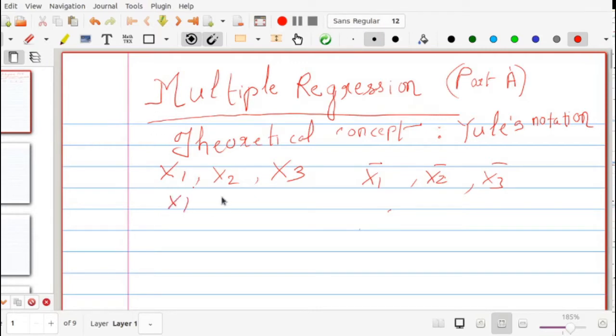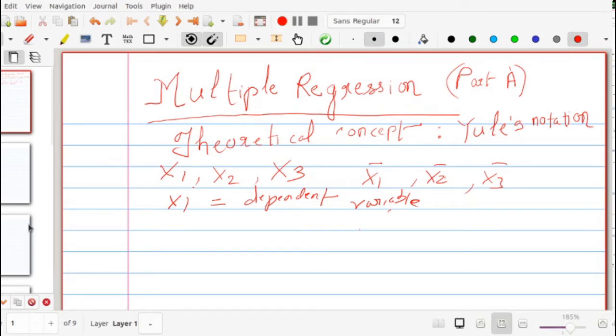We will keep x1 as the dependent variable, and x2 and x3 as the independent variables, and based on that we will formulate the equations. The reason I want to discuss this is we need to understand the mathematical concepts behind multiple regression a little more thoroughly before we move to part B, where I'll show you a plotting of the multiple regression in R.